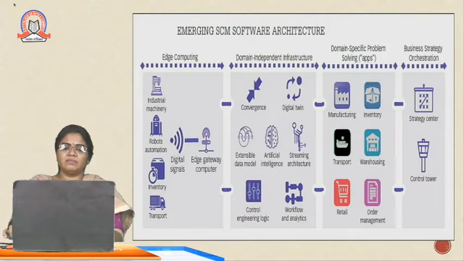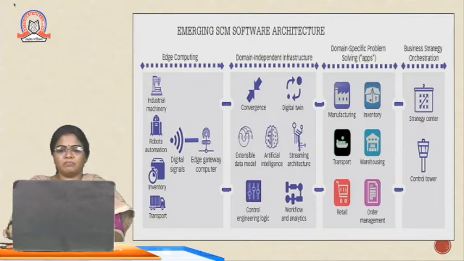Emerging SCM software architecture diagram is this. Edge computing is industrial machinery through robotics, automation and inventory and transport. We are getting the digital signal from the edge gateway computer to the edge gateway computer. Domain independent infrastructure is convergence, digital twin, extensible data model, artificial intelligence, streaming architecture, control engineering logic, workflow and analytics.